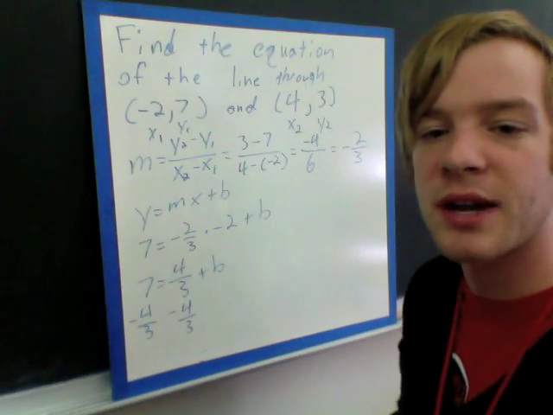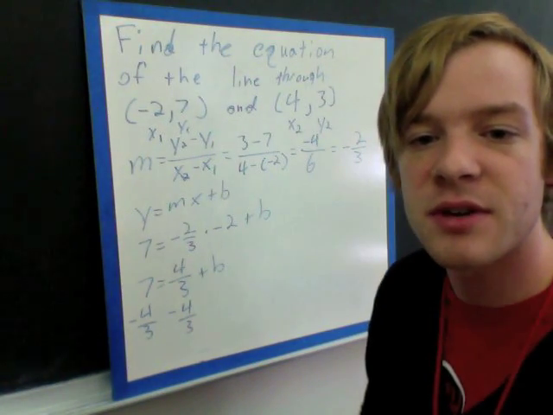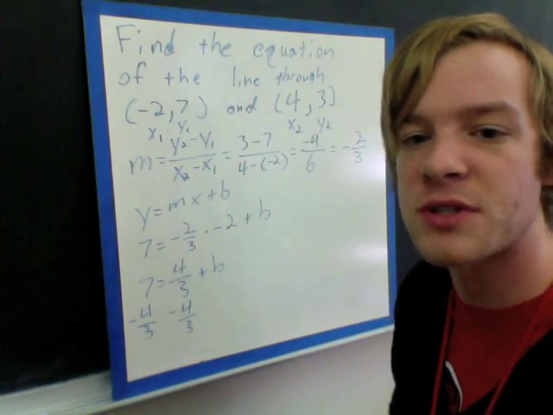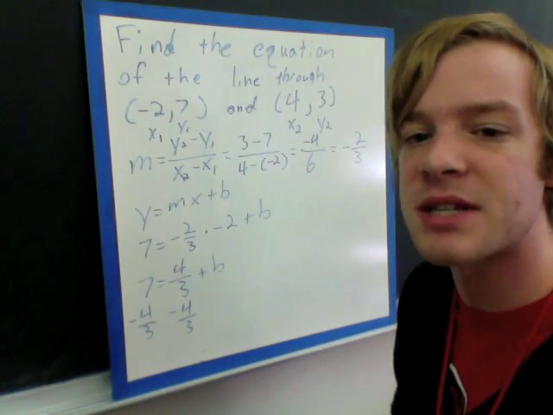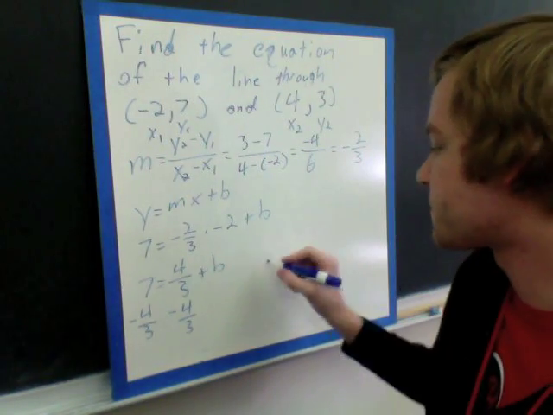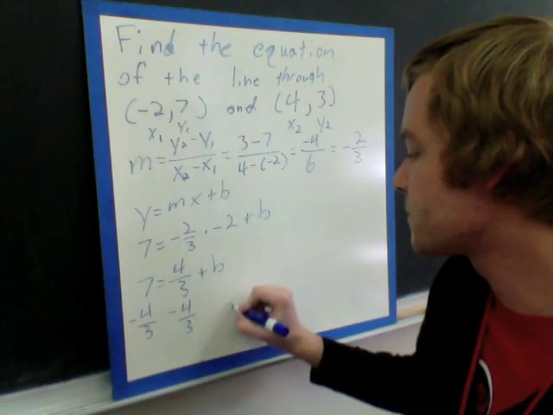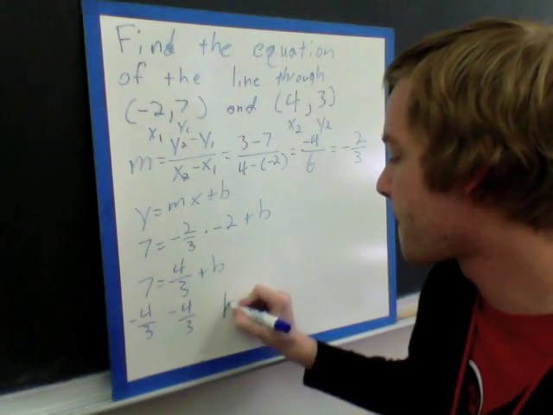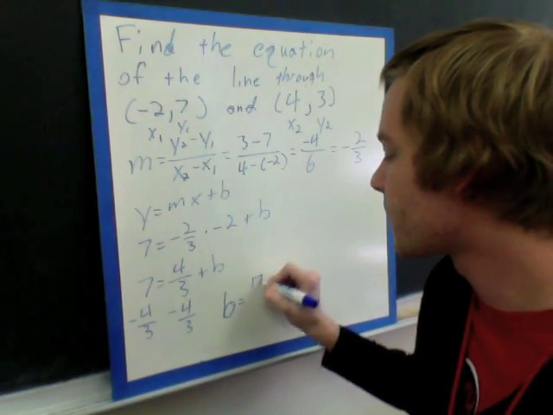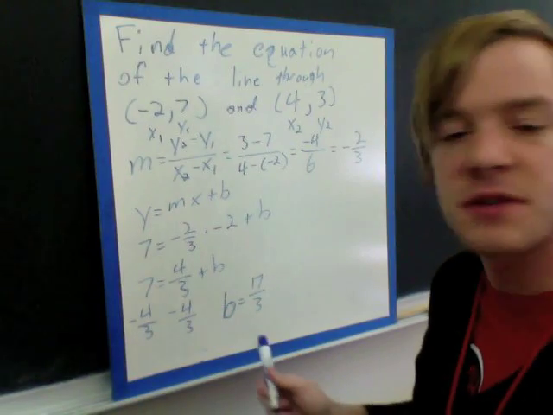And if I subtract 7 minus 4/3, that should give me 17/3. And this is my y-intercept.